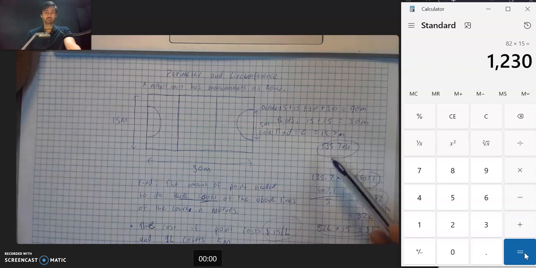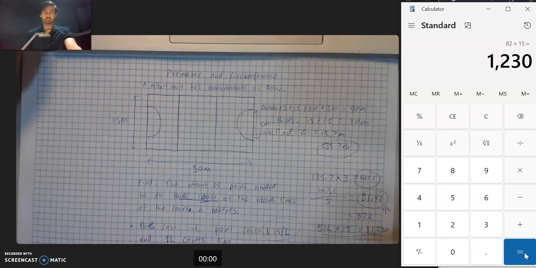Once we've got our total meterage, we know that we need 3 coats, so we need to times that number by 3. And then after that, we are told that 1 litre covers 5 meters. We divide it by 5 to figure out how many litres we're going to need.